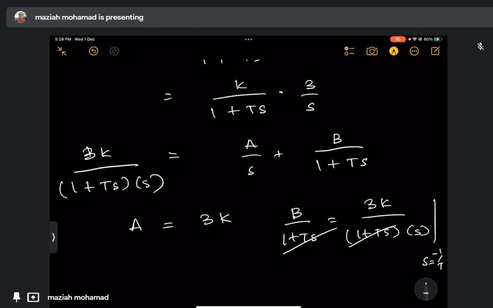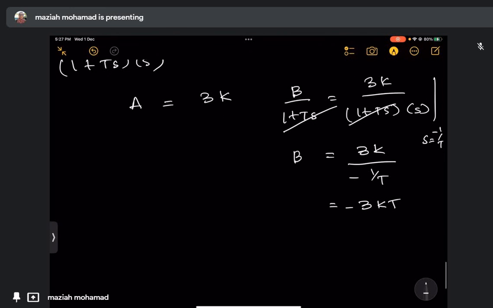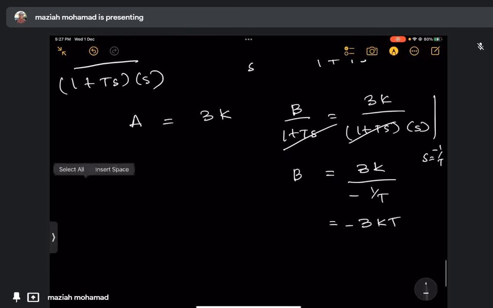So we have B equal to 3K divided by negative 1 over T, which is equal to negative 3KT. Okay, betul tak? Betul tak saya replace tu 1 over T, T per 1, negatif lah, betul lah tu kan? Betul.